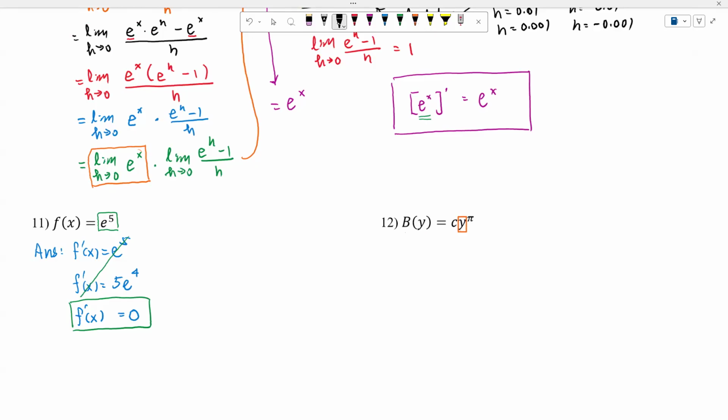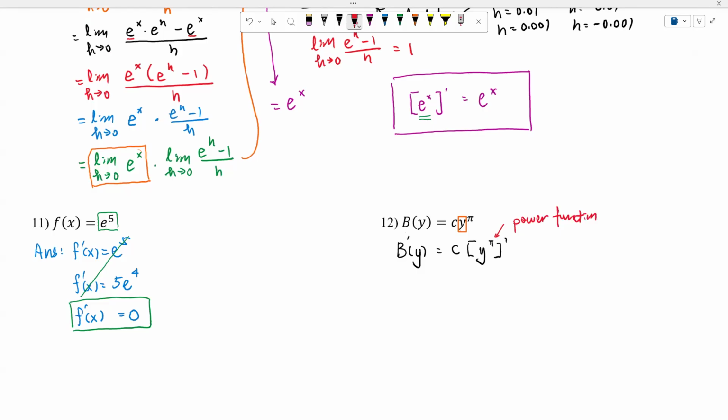So of course, in this case, if I want to take the derivative, it will be c times the derivative of y raised to the power of pi then. Remember, y raised to the power of pi is a power function.